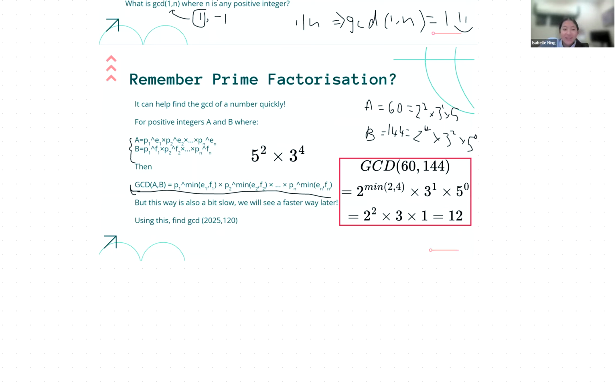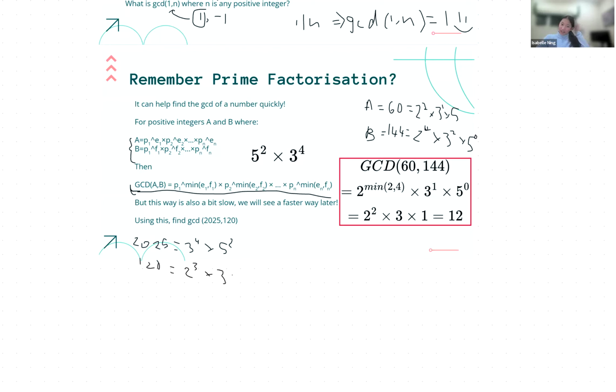So you first prime factorized 2025, which is very good. So it equals 3 to the power of 4 times 5 squared. And then 120 equals 2 to the power of 3 times 3 times 5.